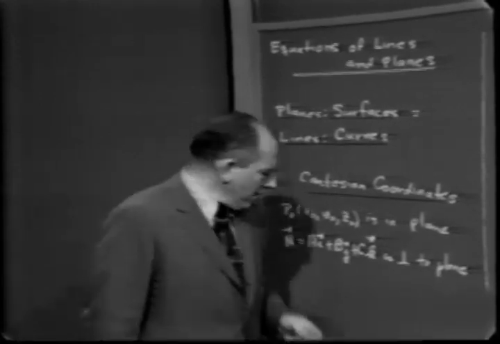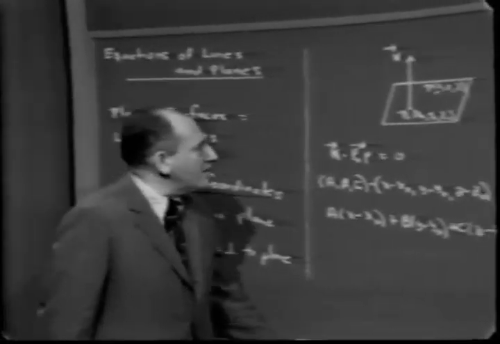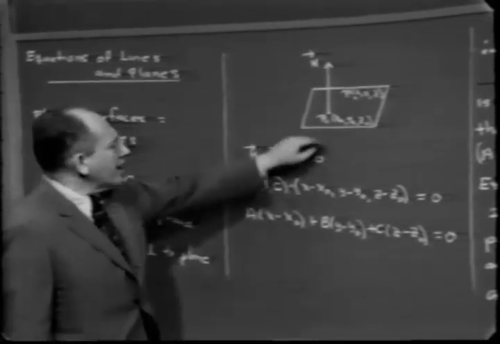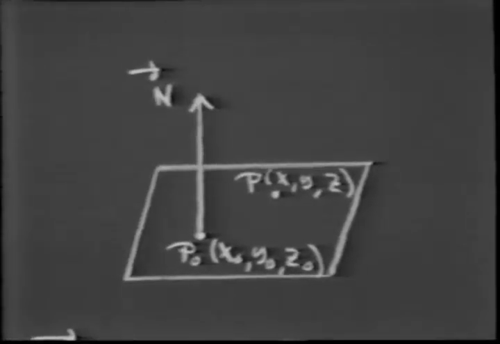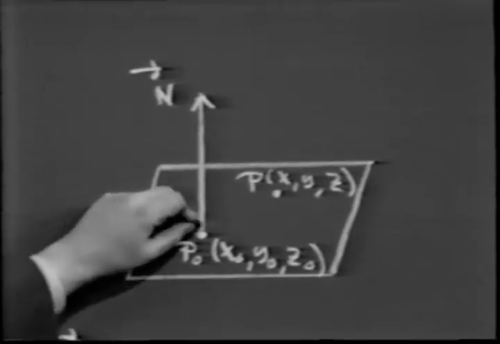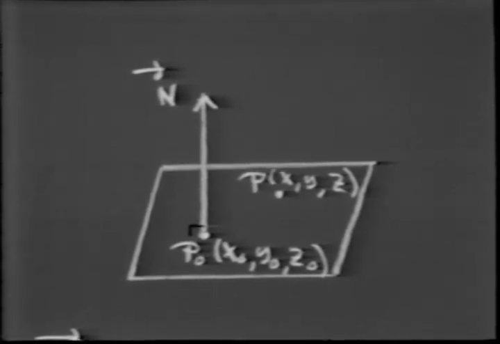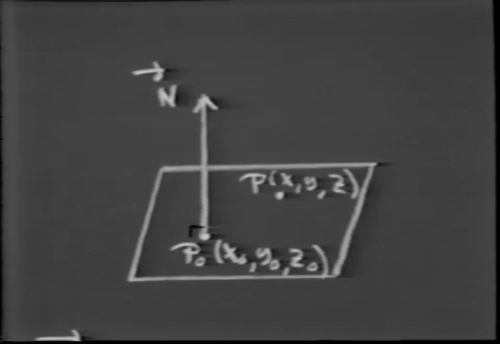And as we do so often, we simply come back to a little diagram here that will utilize vector geometry. Here's P0 in the plane. Here's N normal to the plane. Now we pick any point P whatsoever, any point in the whole world whatsoever, as long as it's in three-dimensional space. And what we say is, what does it mean for the point P to be in the plane?